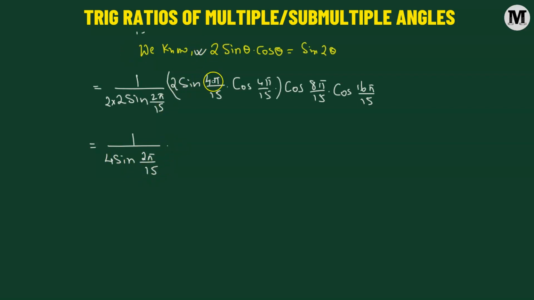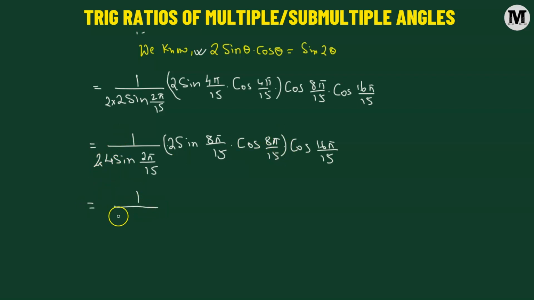So 2 times sine 4 pi over 15 times cosine 4 pi over 15, that's going to become sine 8 pi over 15. This will get multiplied to cosine 8 pi over 15 times cosine of 16 pi over 15. Again, we'll multiply the numerator with 2 and multiply the denominator portion with 2 as well. So that's going to be 1 over 8 times sine 2 pi over 15.